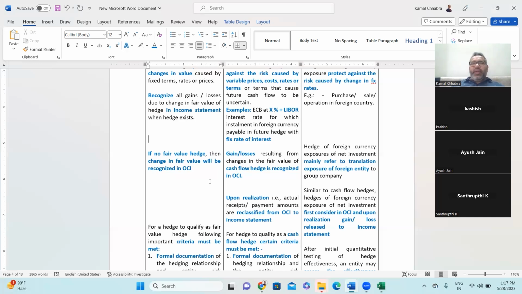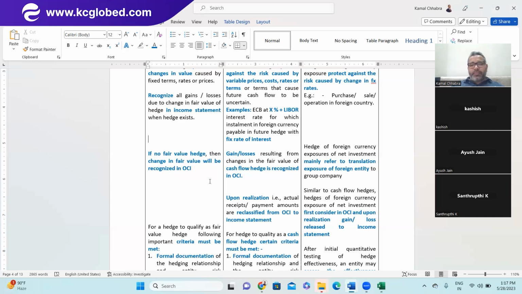Right? As and when you start purchasing, like materials start coming to your production house, then it will be considered a realized gain or loss. And once it is a realized gain or loss, that particular amount will be released from other comprehensive income and go to the income statement.